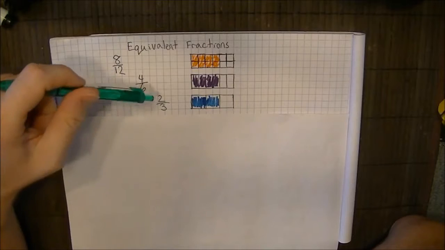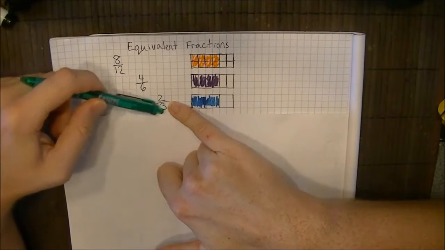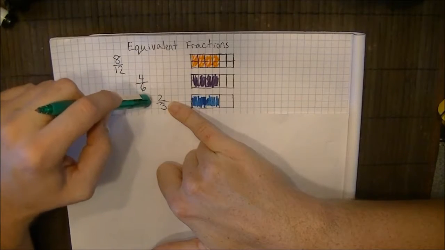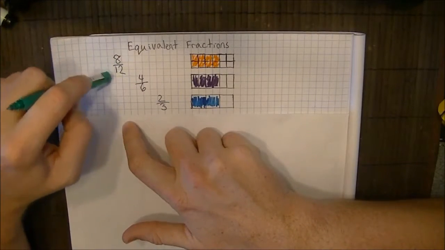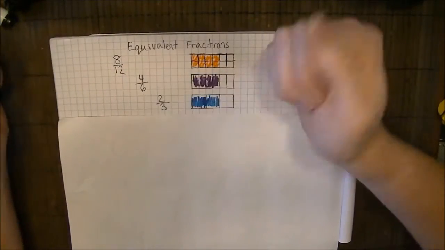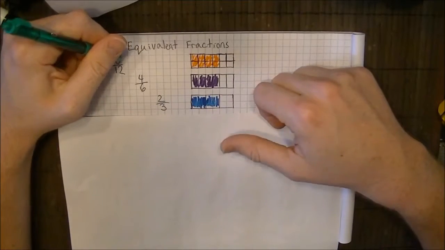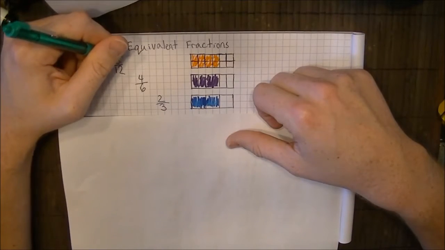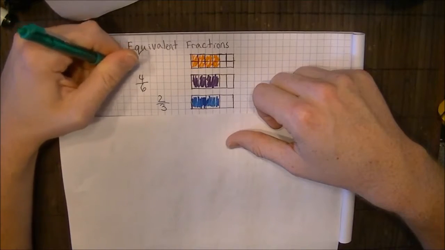You'll notice that for the two numbers here, there is no number that goes into both 2 and 3. So let's take a look at 8 and 12. Is there a number that goes into both 8 and 12? Well, 2 does. So 2 goes into 8, so I could divide this by 2, and I could divide 12 by 2.